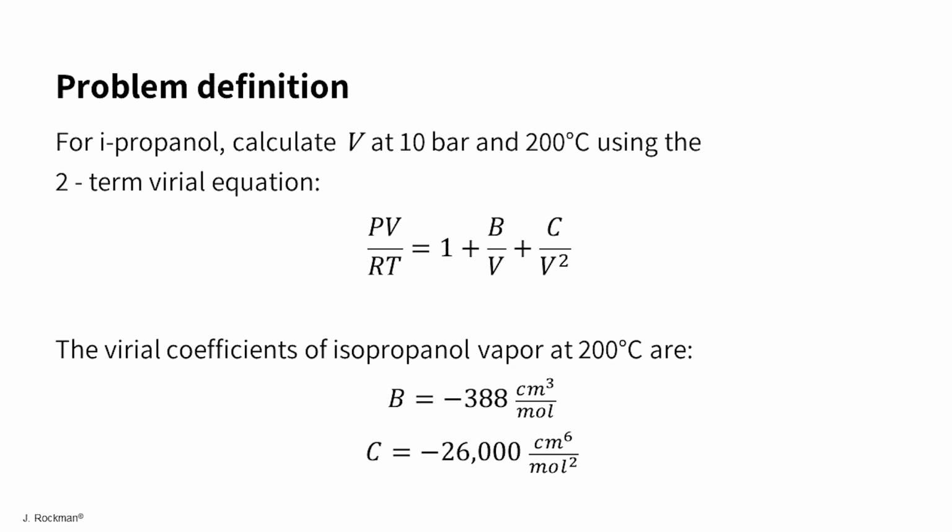Note that this equation is cubic in V. For this example, for isopropanol at 200 degrees Celsius, B equals minus 388 centimeter cubed per mole, and C equals minus 26,000 centimeter to the sixth per mole squared.